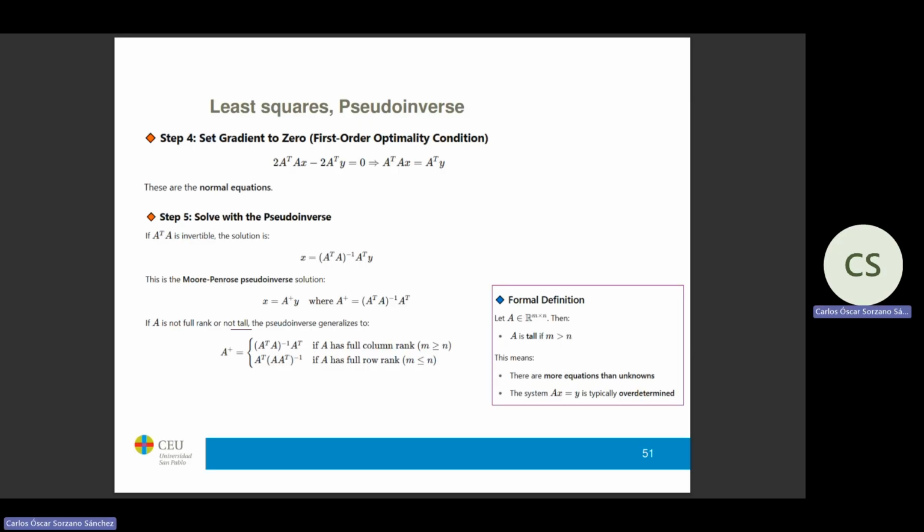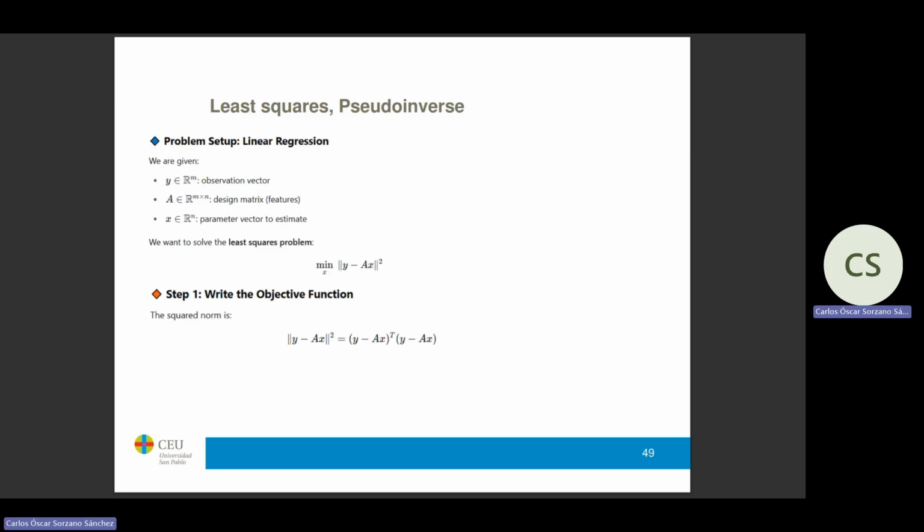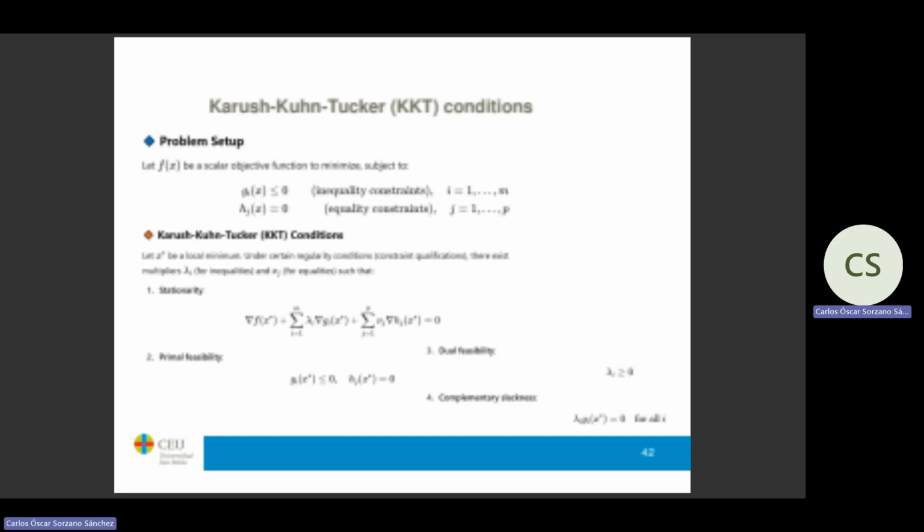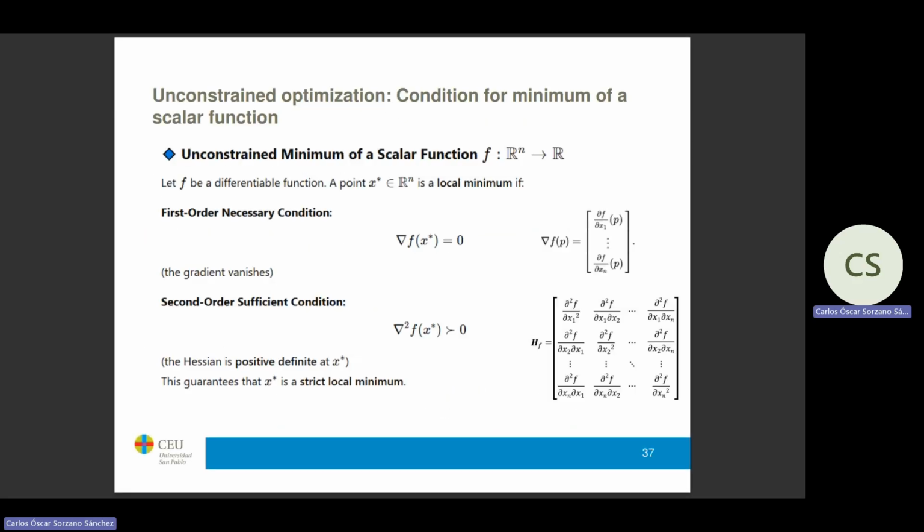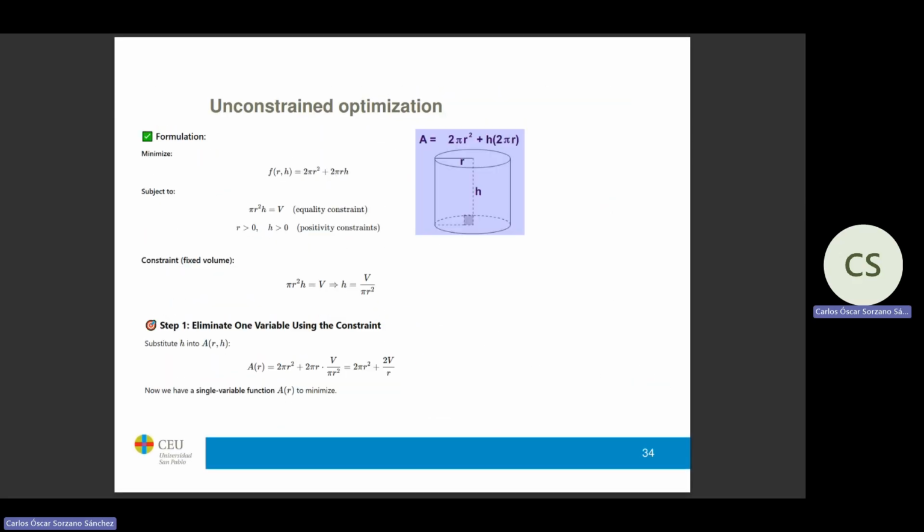So this solution is extremely well known. This pseudo-inverse solution, we have fully derived following the same tricks that we used to minimize the function of the angle. And what did we do there? We had a function, computed the derivative of that function with respect to the angle, set it equal to 0, and solved for the minimum.